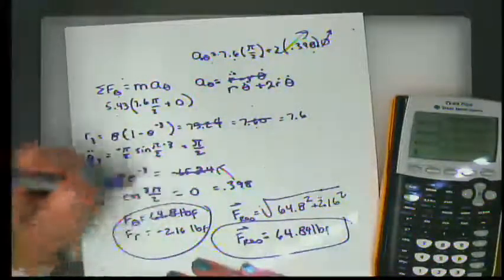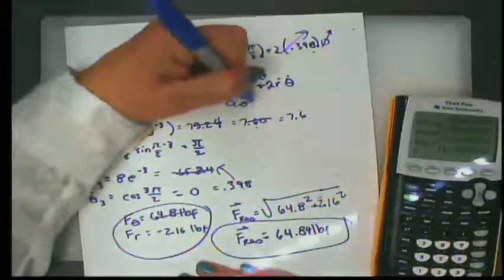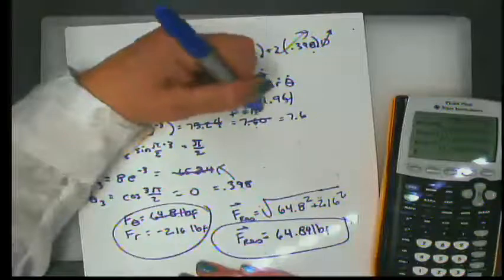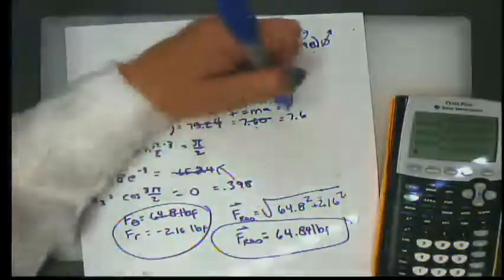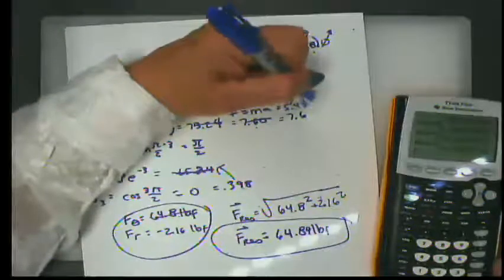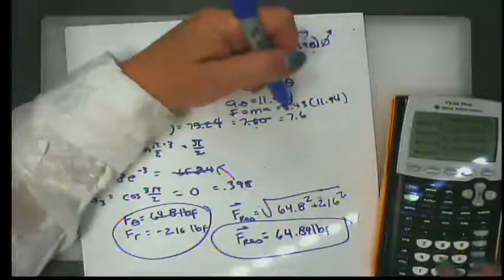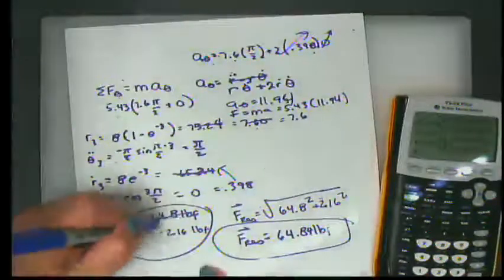But then I have to multiply that by the mass. So the acceleration is 11.94, which means the force, which is equal to mass times acceleration, is that number times the 5.43. And there you go, 64.8. So yes, that is correct.